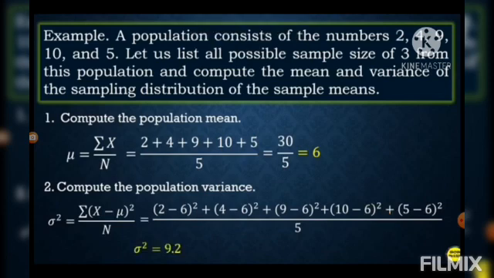So σ² is equal to 9.2. So that is the final answer if you compute the population variance.